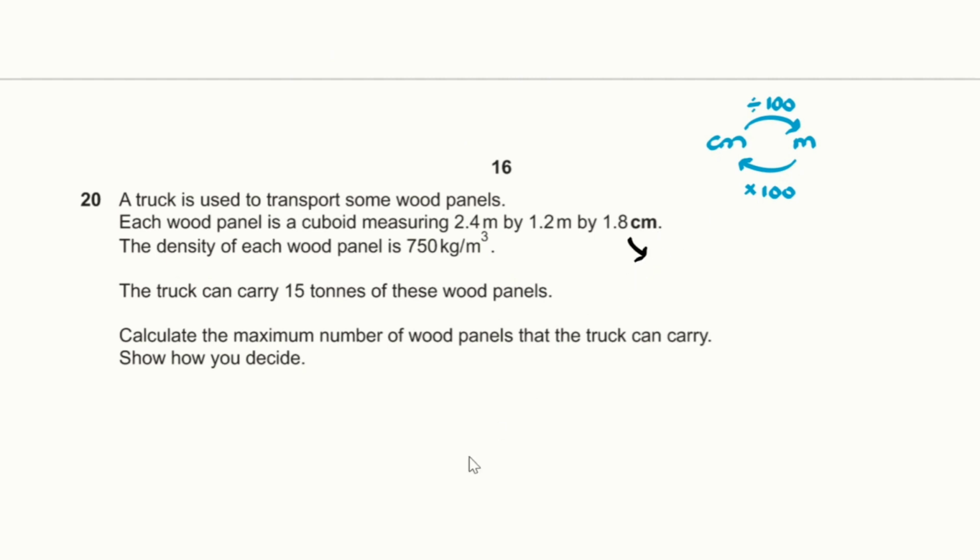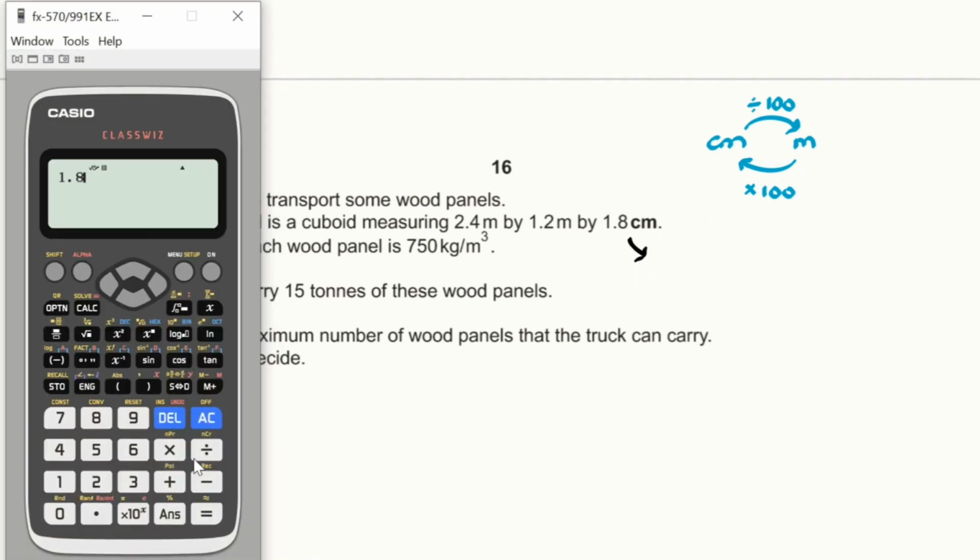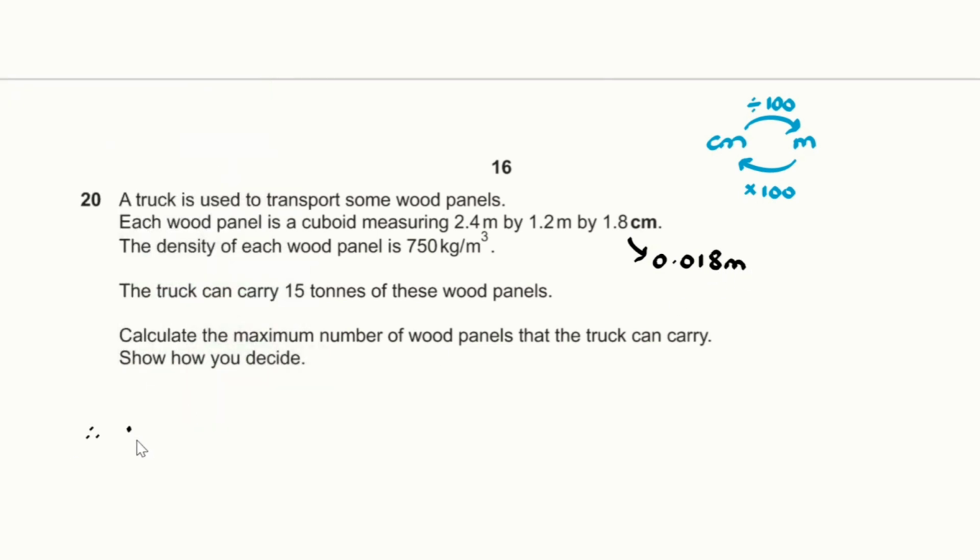So if I divide 1.8 by 100, I get 0.018 meters. So with that, I can find the volume. That's equal to 2.4 meters multiplied by 1.2 meters multiplied by 0.018 meters.